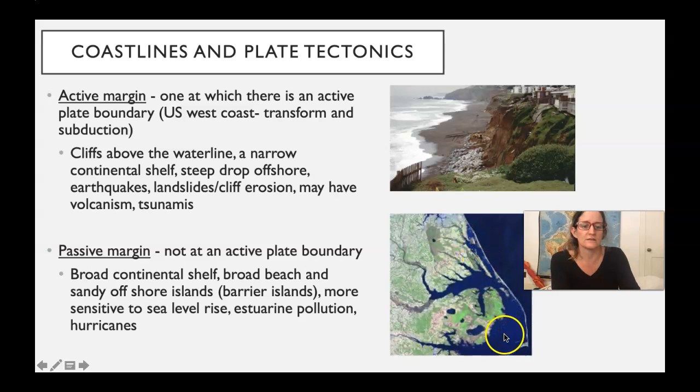Those estuaries have what we call brackish water. So they have an influence of fresh water, but also through the tidal inlets, the tide does go in and out of those estuaries, and they're really easy to pollute. And then for North America, our passive margin here on the East Coast, we have hurricanes.